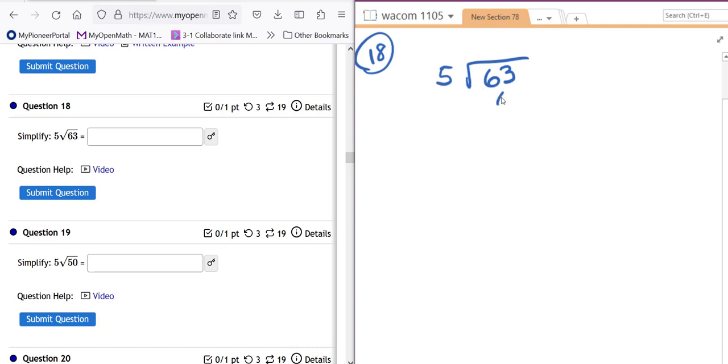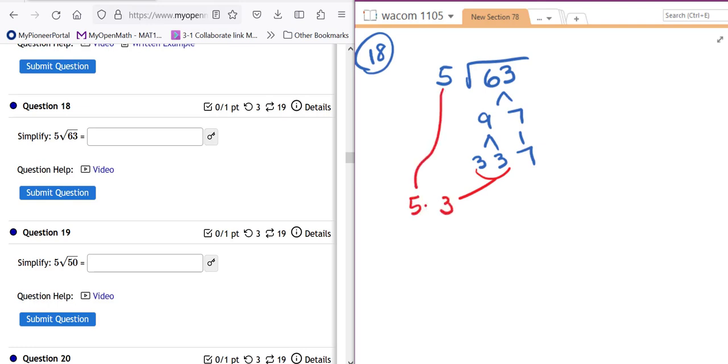So break this down, and we could do 9 times 7. 9 is a perfect square. And so we're going to take a 3 to the outside. It will multiply by anything that's out there. So 5 times 3 will give us 15. The 7 is going to stay under the radical. So 15 times the square root of 7.